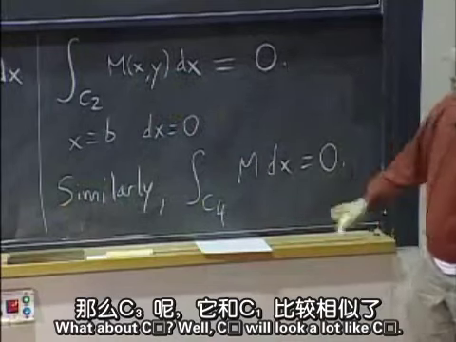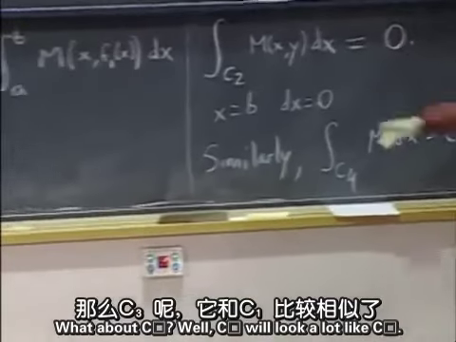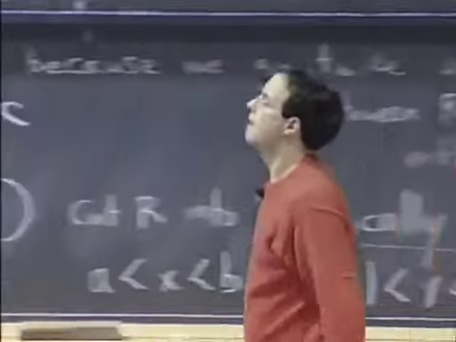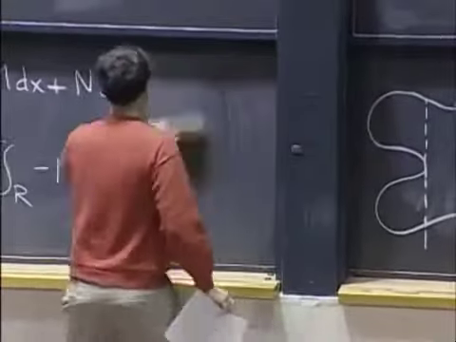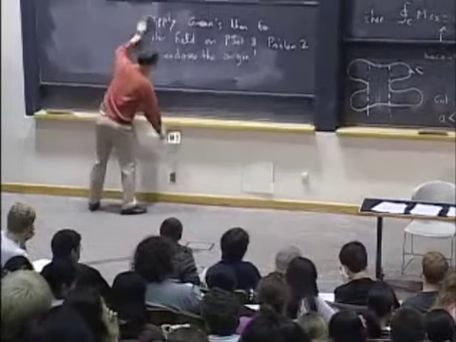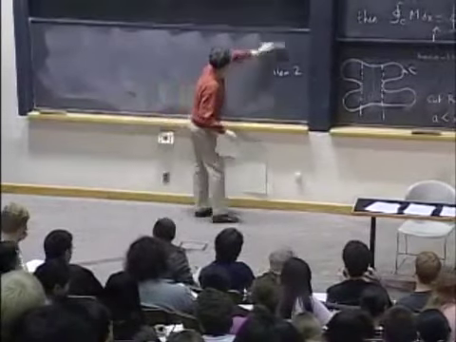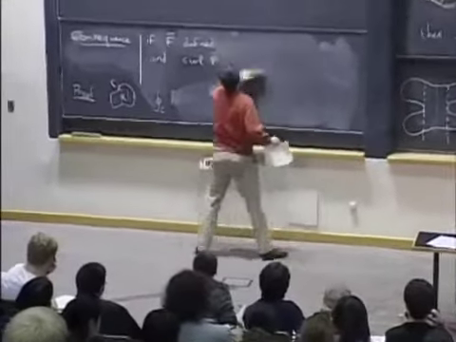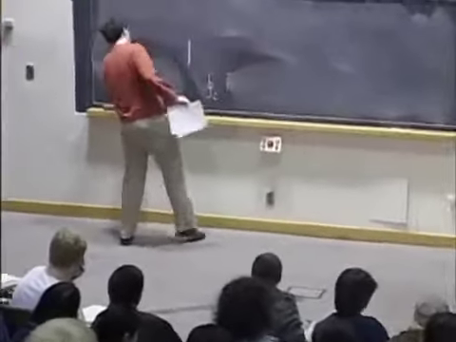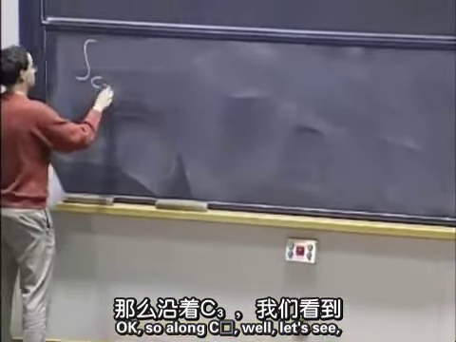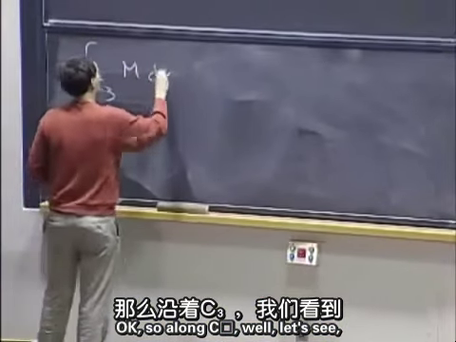What about C3? Well, C3 will look a lot like C1. Okay, so we're going to use the same kind of thing that we did with C1. Okay, so along C3, well, let's see.